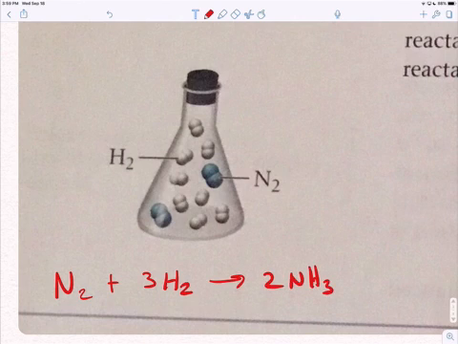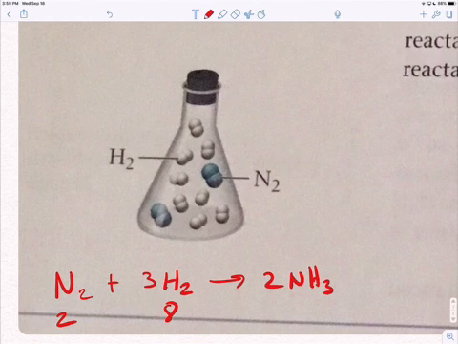So what's going to happen? What's the limiting reagent? Let's count the hydrogens: 1, 2, 3, 4, 5, 6, 7, 8. There are 8 hydrogens, and there are 2 nitrogens. This is a case where we don't know what the limiting reagent is, but it's nice because it's a small number. So 2 nitrogens, if they react all the way, will form 4 ammonias.